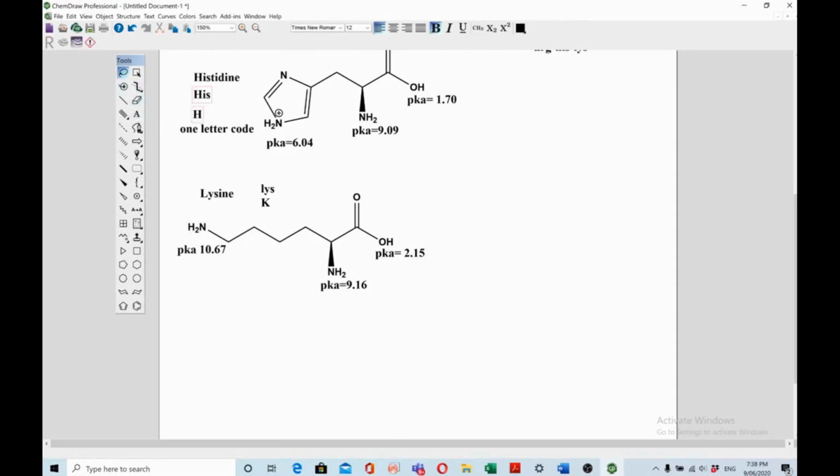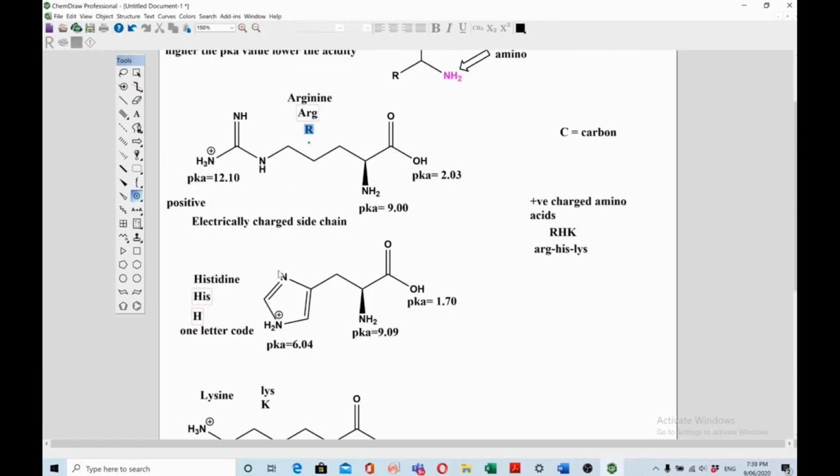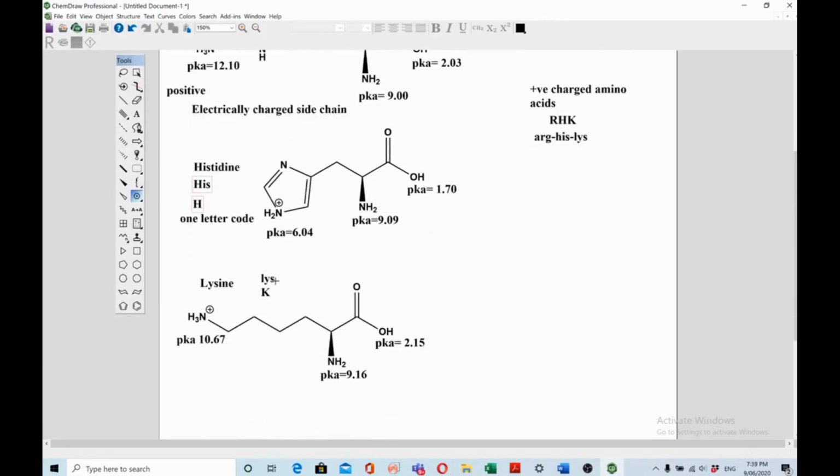Now we have to put the positive charge. So these three are positively charged amino acids: arginine, histidine, and lysine. These are the 1-letter codes for them, RHK. These are the 3-letter codes, ARG, HIS, LYS.